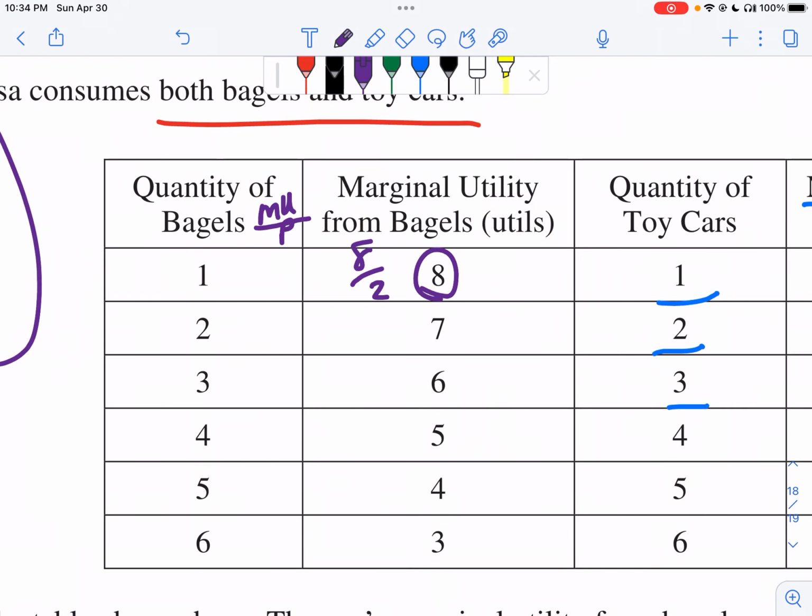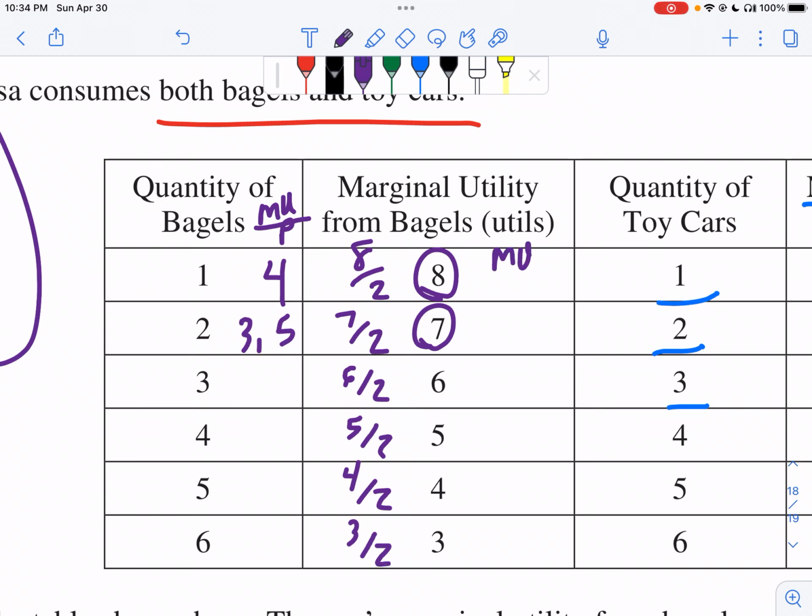That's 4. I'll do 7 divided by 2, 3.5. Then 6 divided by 2, 5 divided by 2, 4 divided by 2, 3 divided by 2. All I'm doing is the marginal utility divided by price.